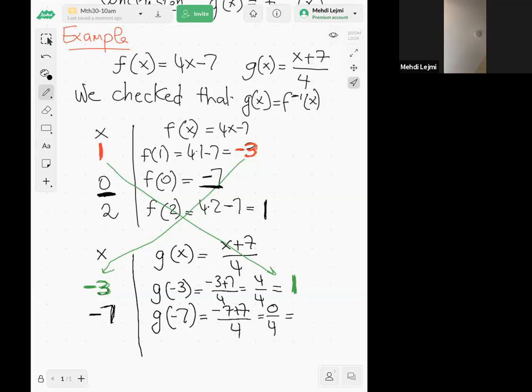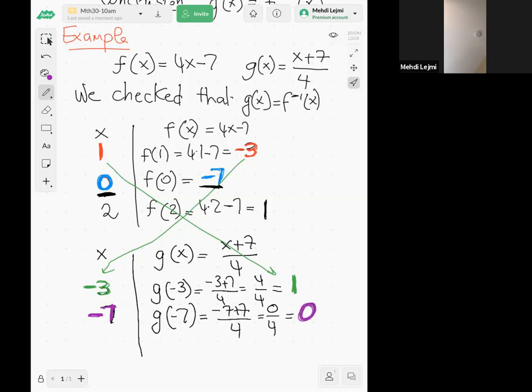So I got 0. You see here, guys, for f, when my x is 0, I got negative 7. Now for g, if your x is negative 7, then g of negative 7 is 0.